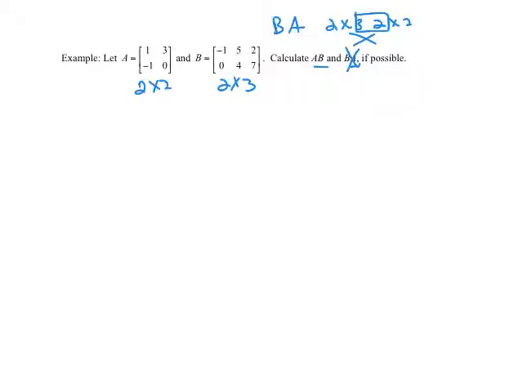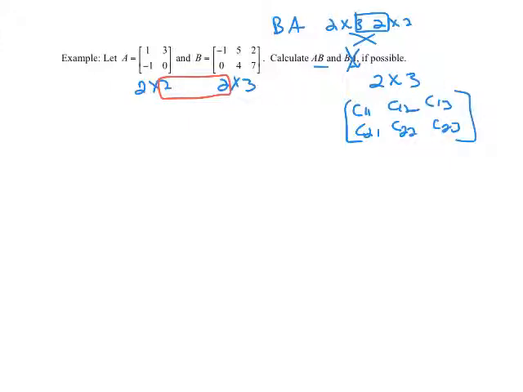But AB should work because the inner dimensions are 2 and 2. And then I'm going to get a 2 by 3 as an answer. So here's my 2 by 3: C11, C12, C13, C21, C22, C23. So I have to make 6 calculations when I do this.